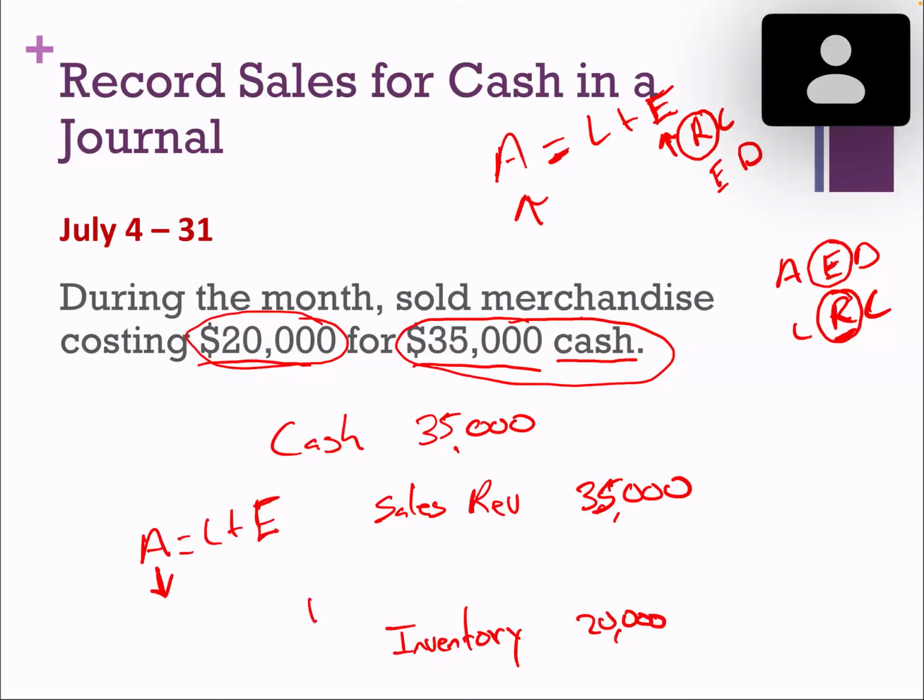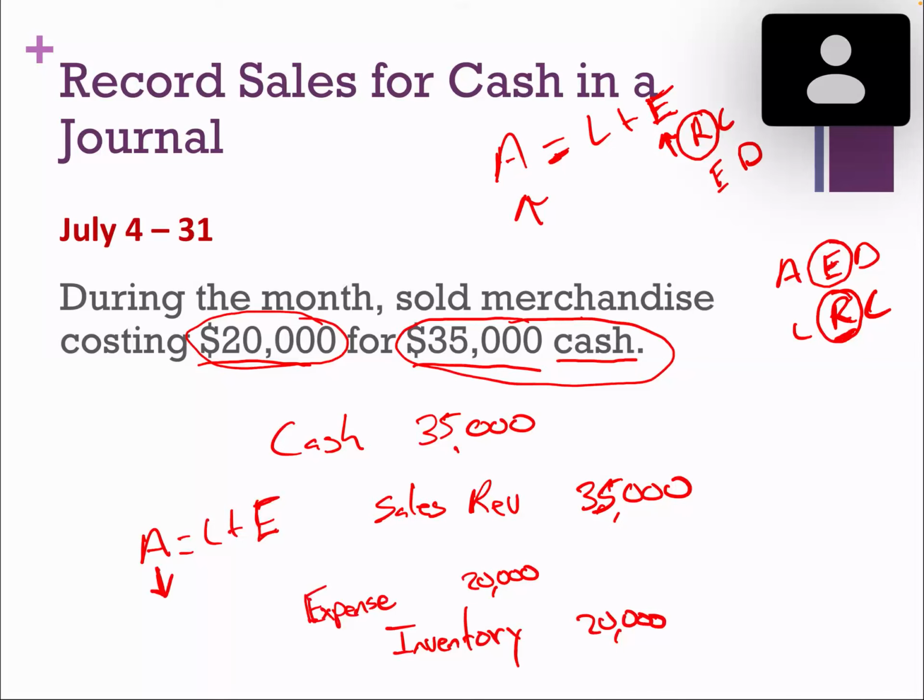So for now, I'm just going to put expense. Or we could explain that account a little bit better, but for now, we're just going to do expense, $20,000. So just think of it as like, okay, our inventory is going down. The expense account explains why our inventory is going down. Okay. Our asset account cash is going up by $35,000. The revenue account is explaining why that asset is going up.